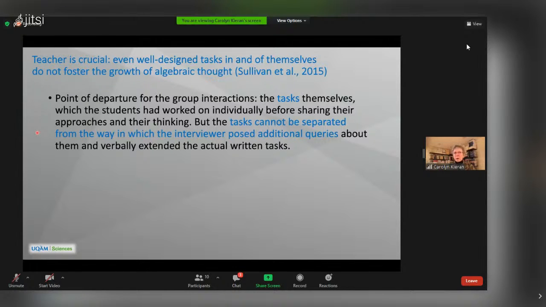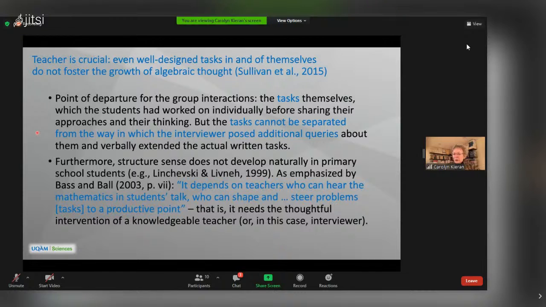While the point of departure for the group interactions was the tasks themselves, which the students had worked on before sharing their approaches, tasks cannot be separated from the way in which the interviewer posed additional queries about the tasks and their responses, and the way in which he verbally extended the actual written tasks.